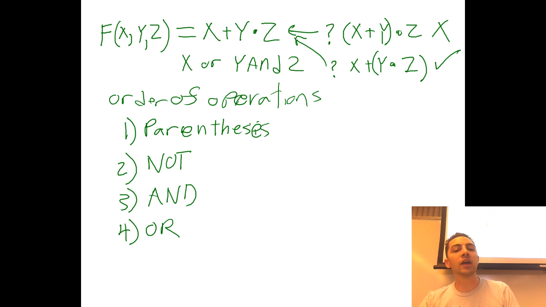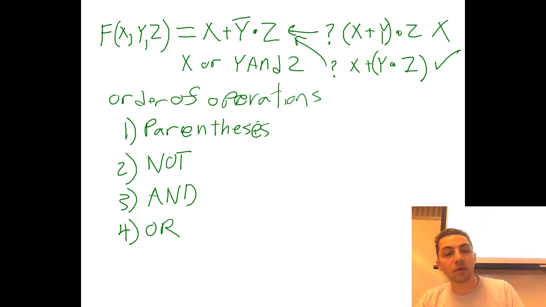So we can represent this function in a couple of different ways. Let's start with a truth table. Again, f equals x or y and z. Actually, I didn't copy that down correctly. There should be a not over the y. I missed it when I was copying.